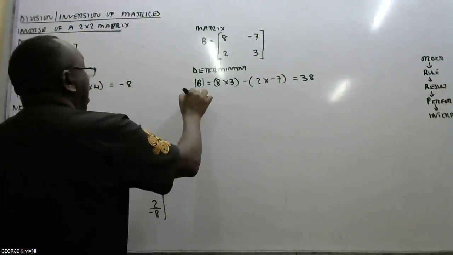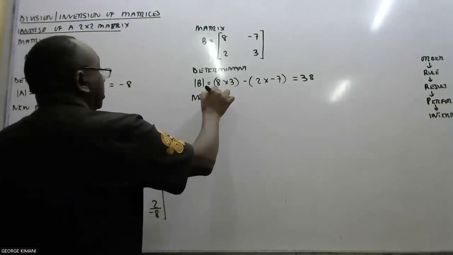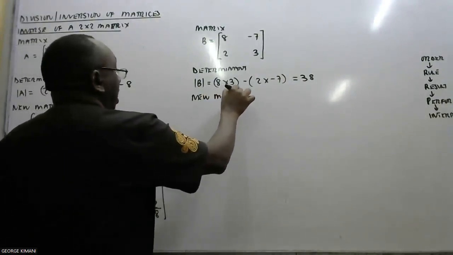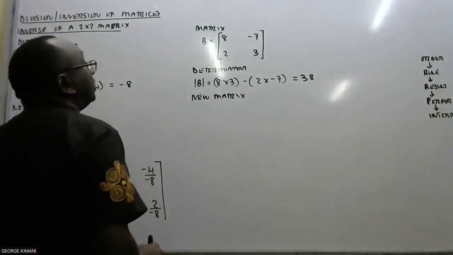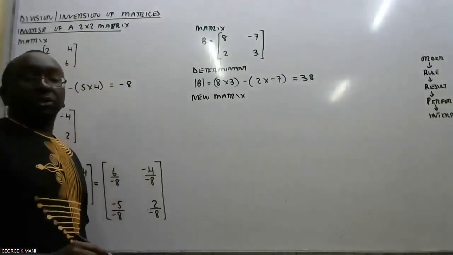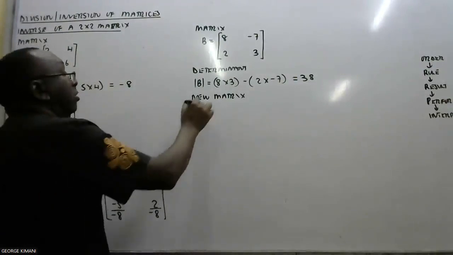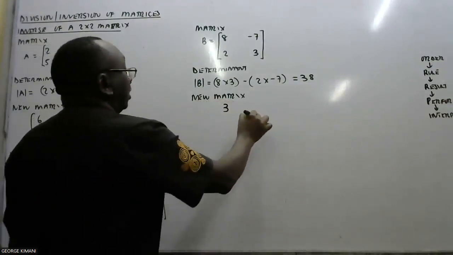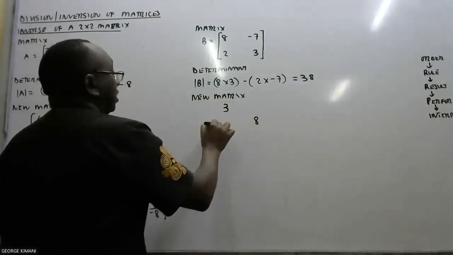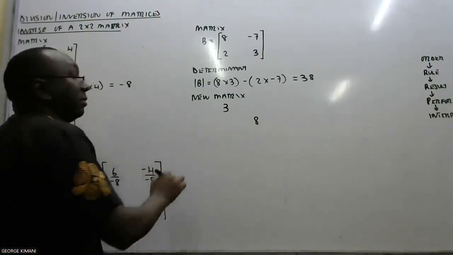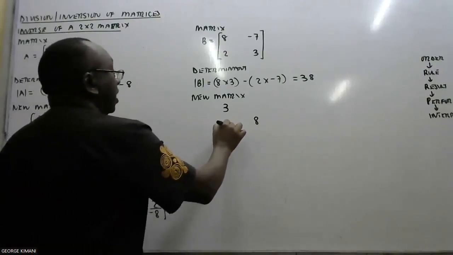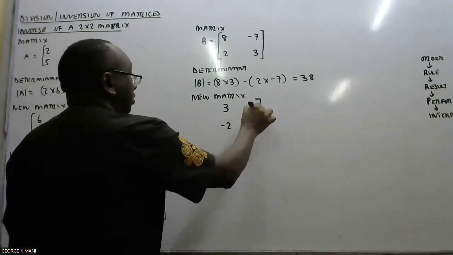Then we have the new matrix. For the new matrix, we change positions of the major diagonal, so this becomes 3, this becomes 8. Then you change the signs of the minor diagonal. This becomes minus 2, this becomes 7.